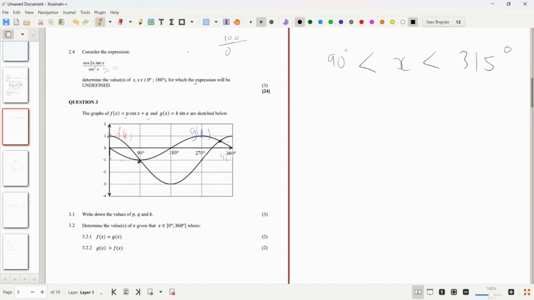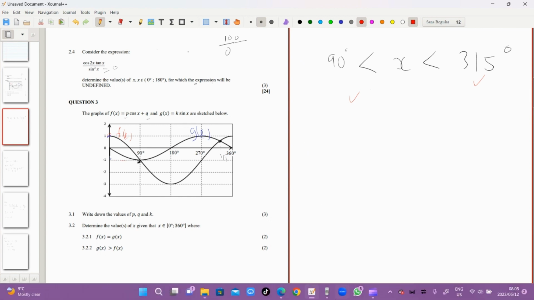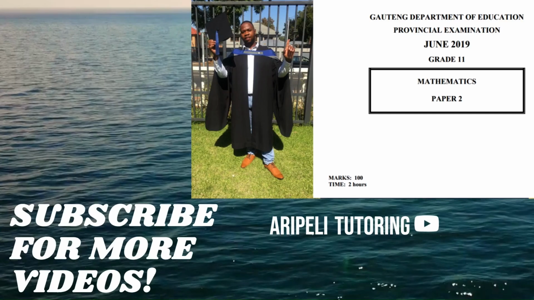So this is where g of x is greater than f of x. Okay, so this is the final answer. So it's your 2 marks here. You don't need to solve, you just need to determine. Please don't waste your time. Okay, all the best. Thank you.